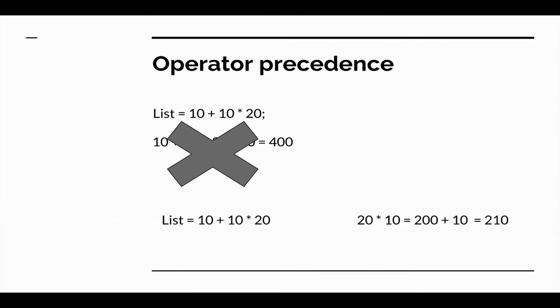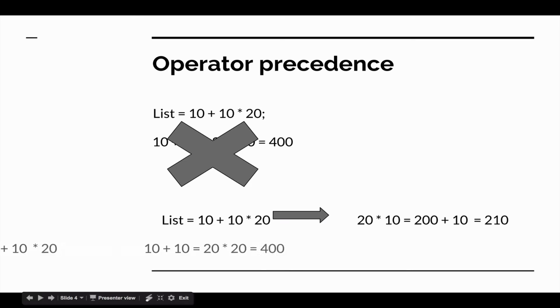What it's going to do, it's going to multiply 20 by 10 first and then add 10 to it. So the answer would be 210. So the multiplication operator has precedence over addition. But let's say you want to make sure that we add 10 plus 10 first and then multiply by 20.